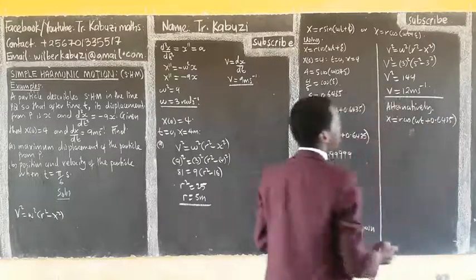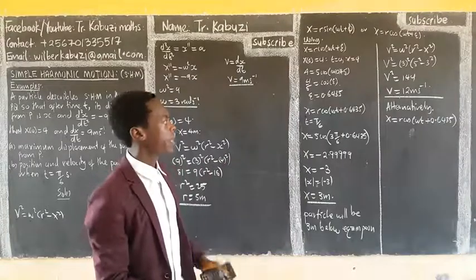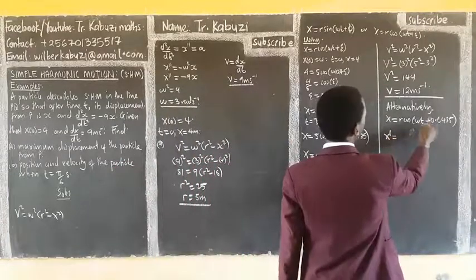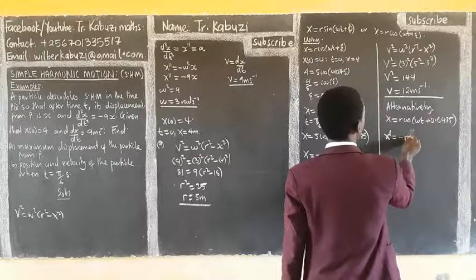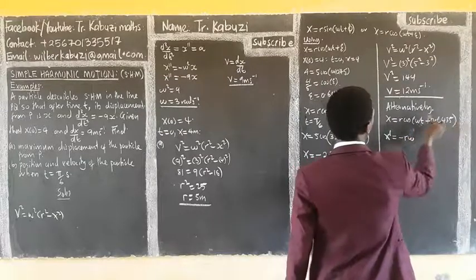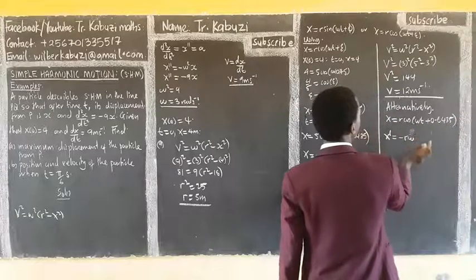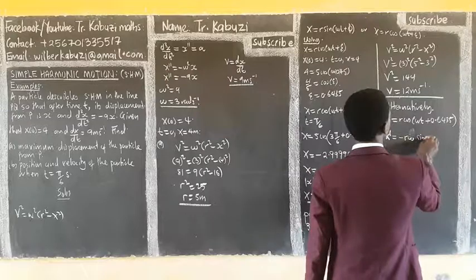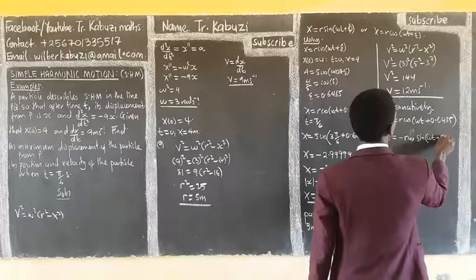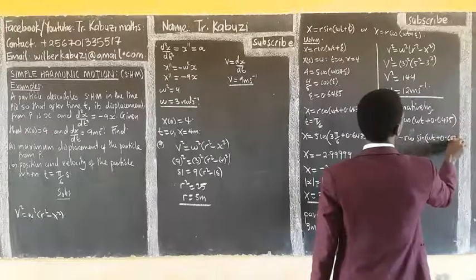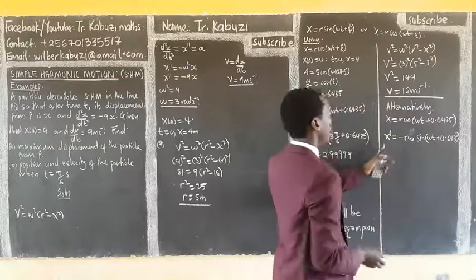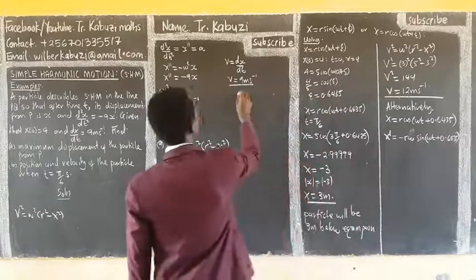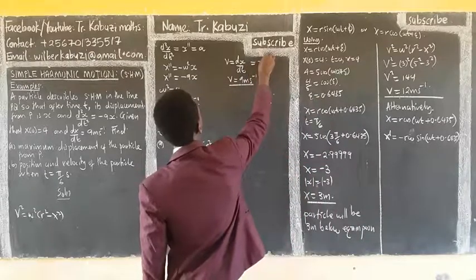If you have displacement, to get velocity you differentiate displacement. So x prime, if you differentiate this, it shall have negative r omega. You differentiate the angle, and you get a negative of sine, omega, then plus 0.6435. So this will be equal to the velocity, which equals x prime.